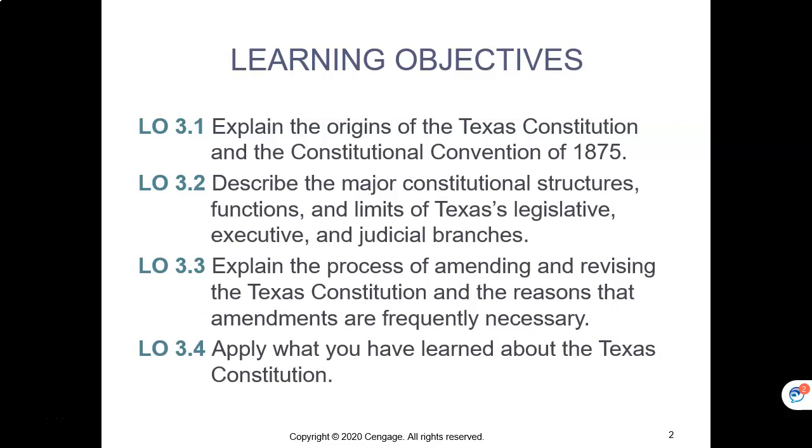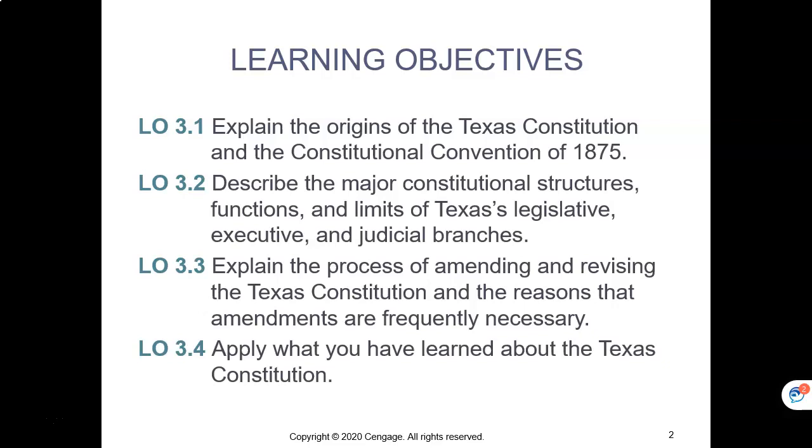Now, in contrast, the United States Constitution was originally adopted in the late 1700s, and that is the only constitution that we've had. It has been amended 27 times. Texas's constitution has been amended almost 2,000.